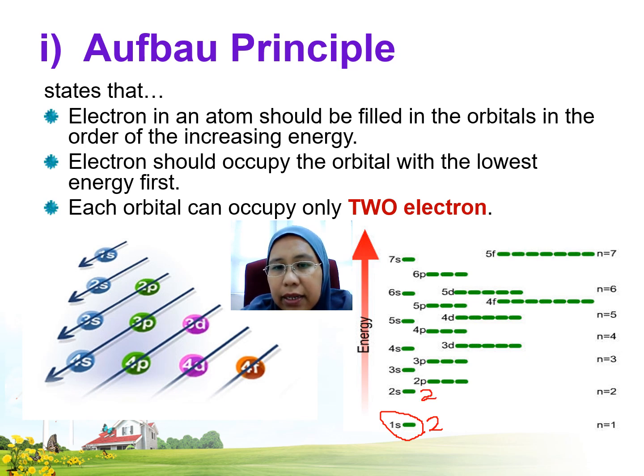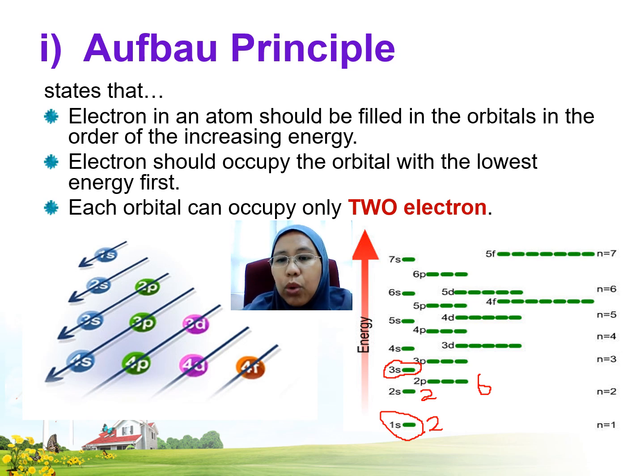And then 2 times 3 is 6. 6 will be occupied at the 2p orbital. That would be 6 plus 4, 10. Another one, 1 electron would be at orbital 3s.